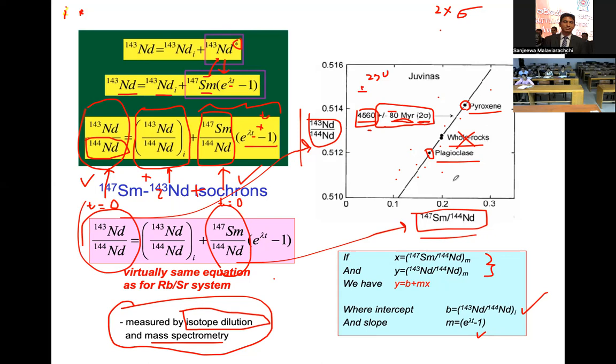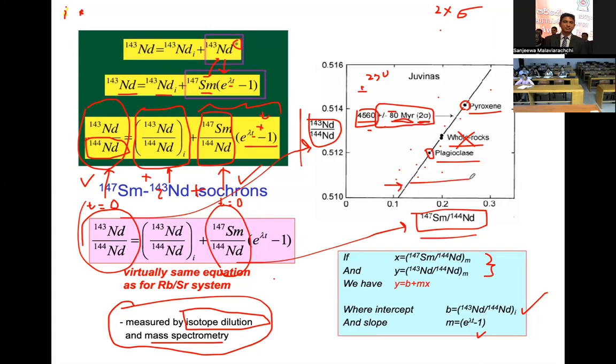Okay, right. So this is an example from one of the localities. There you see this isochron behavior. So it's a good isochron. This is a good isochron giving you the age.